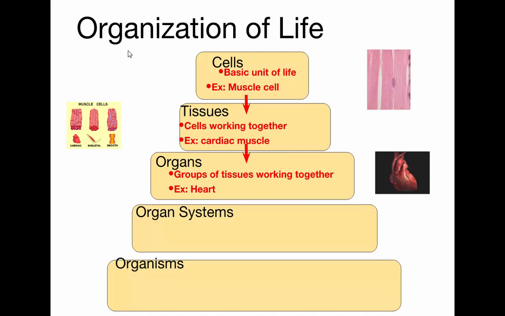If you take, for example, our heart, arteries, capillaries, veins, all of those organs working together form what we call an organ system. What system is that? The heart and arteries, circulatory or cardiovascular, it's sometimes called. That's a bunch of different organs all working together.